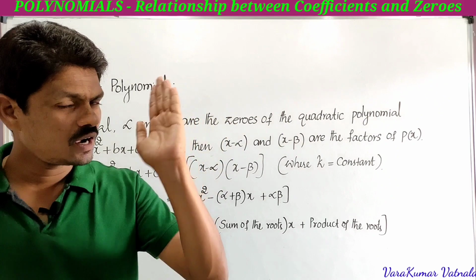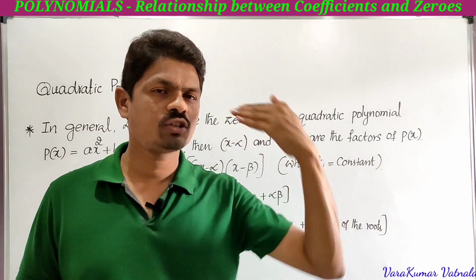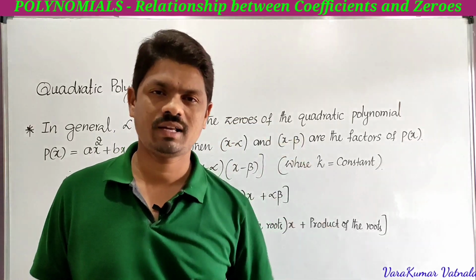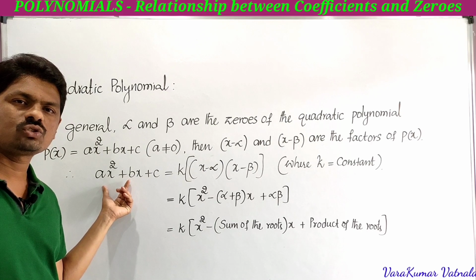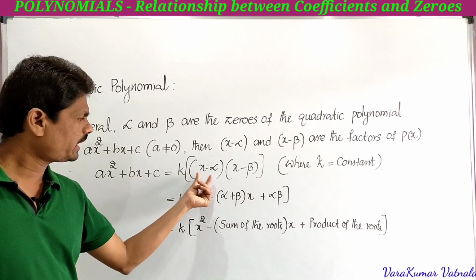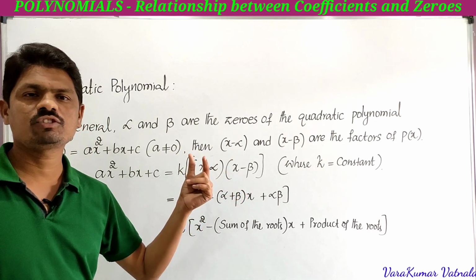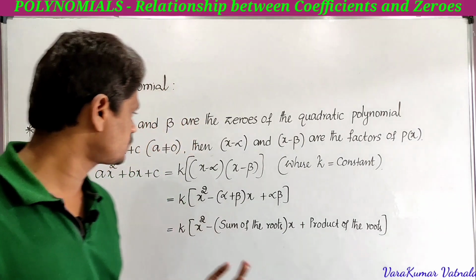So if alpha, beta are the roots, then x minus alpha and x minus beta become the factors. So now we can write, therefore, ax square plus bx plus c is equal to k into x minus alpha into x minus beta. Here k is a constant.